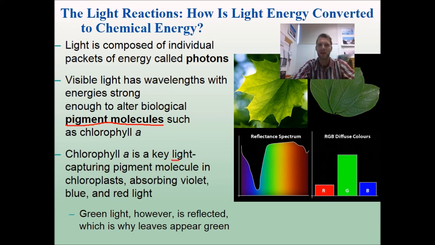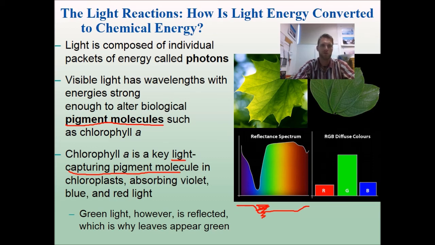Because it's a light-capturing pigment molecule, and it absorbs all kinds of light except green light. So it absorbs violet, blue, and red light, like you can see here in the chart. It's not absorbing green light. That's why we typically perceive leaves as green.